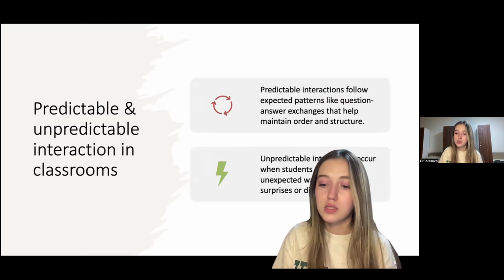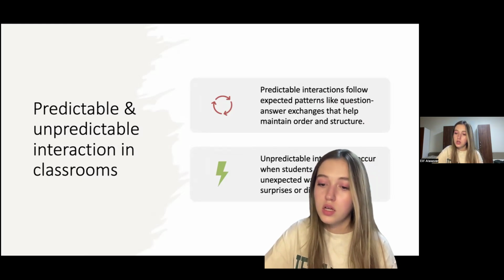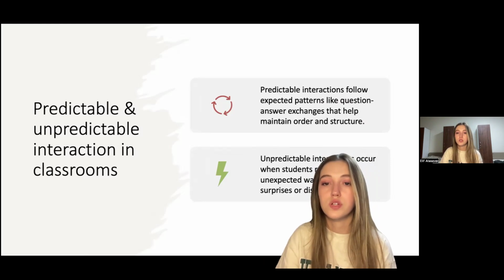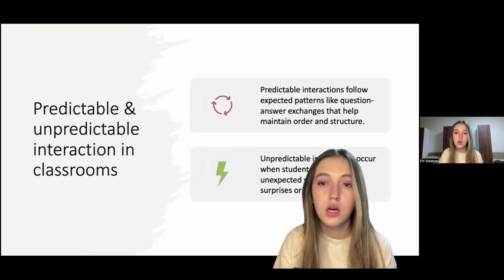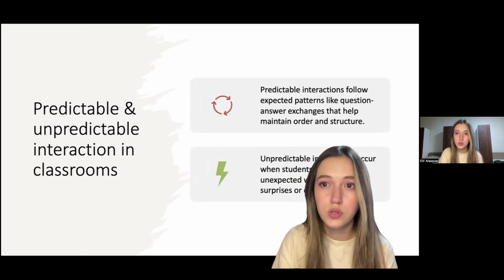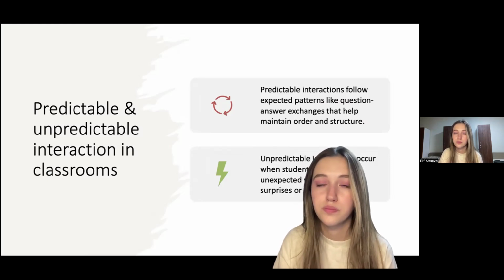Like in some classrooms, silence can be treated as thinking time. So, unpredictable interactions occur when students respond in unexpected ways, creating surprises or disruptions, but they can turn into an opportunity depending on how a teacher sees it.